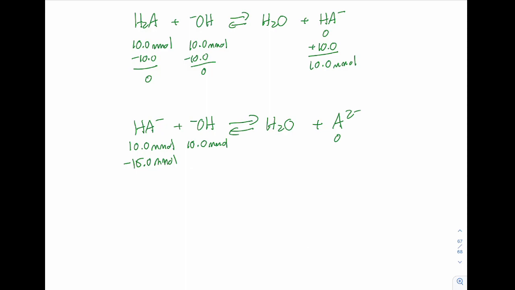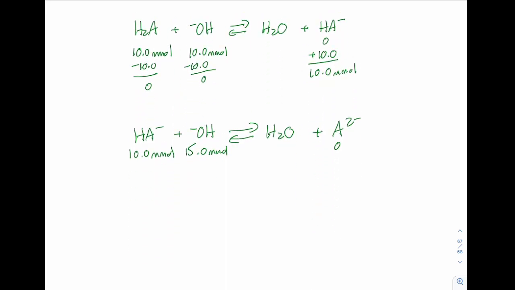You didn't change this. This is 15. Sorry, goofing this up on you. So 15 millimoles of hydroxide. Subtract the smaller, which is 10. So this goes to 0. I have 5.0 millimoles of hydroxide ion left over.